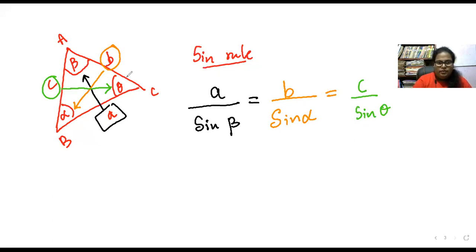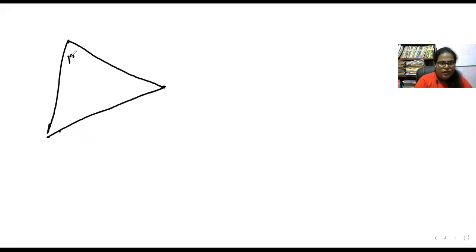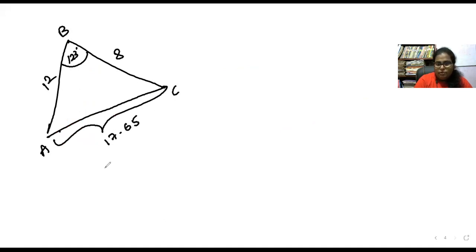In our diagram, we have this triangle, in our question it is 123, A, B, C. This one is 12 and this one is 8. We know this length now. It is 17.65.